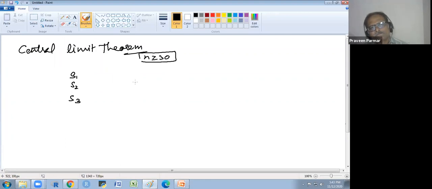Got it? So you have here X1, X2, X3 up to X30, and you find the mean of this, X bar. In this way you get X2 bar and X3 bar. Got it?